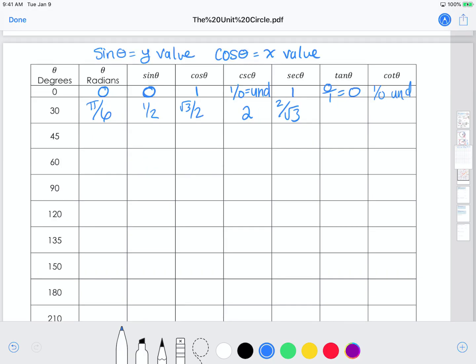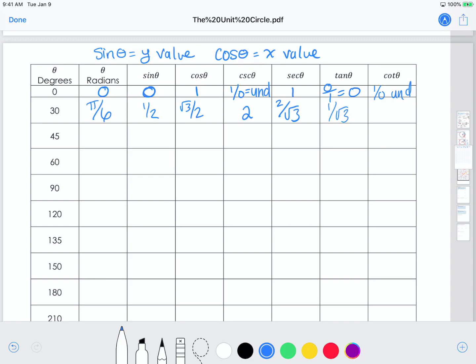Tangent is the sine over cosine. So I would take the value of sine, which is 1/2, and the value of cosine, which is the square root of 3 over 2, and I would divide. So when I take 1/2 divided by the square root of 3 over 2, I'm going to get 1 over the square root of 3, and if you would like, you can rationalize it, but I'm not going to.